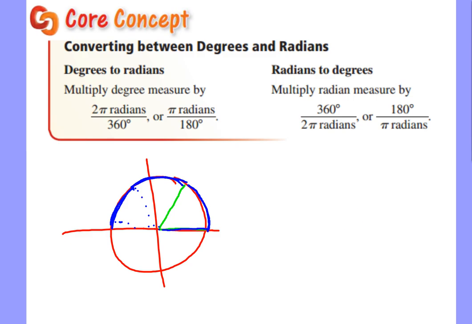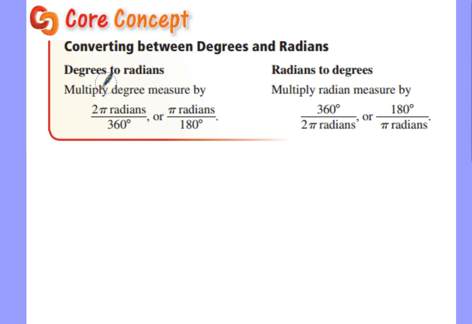Let's go back to our conversion. If I want to convert from degrees to radians, I will multiply the number of degrees by the radians over the degrees.